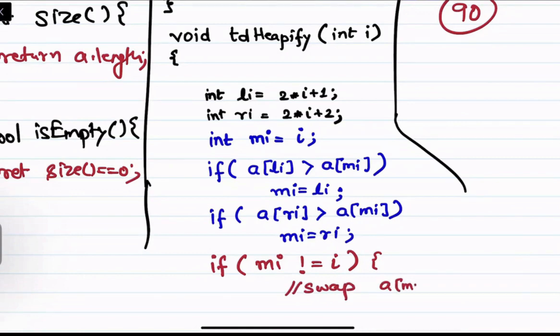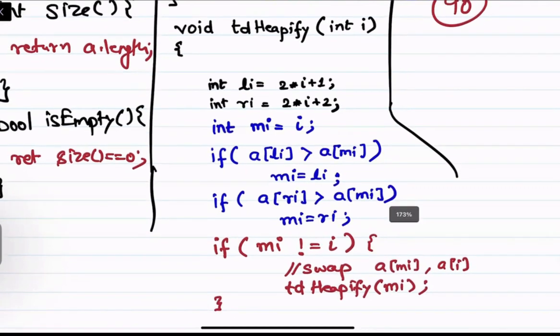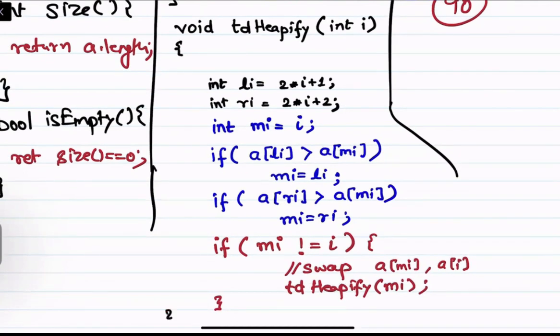You will swap A of Mi with A of I, and then you will say TD heapify of Mi. Is that correct? Yes. Is this making sense?